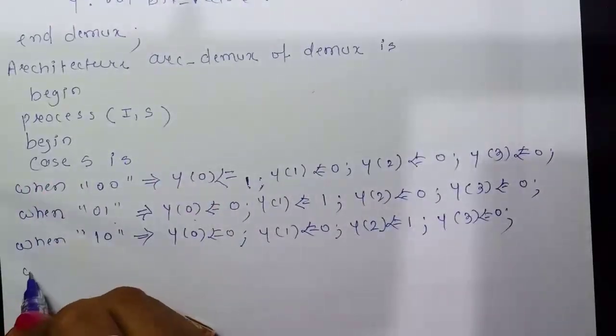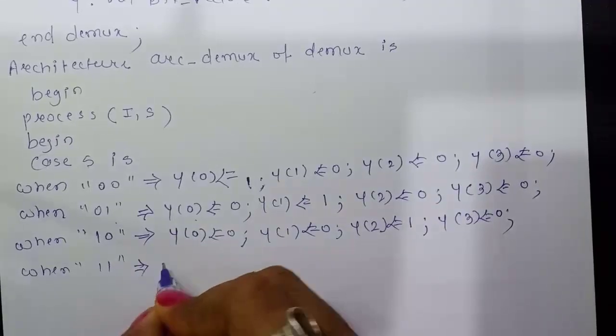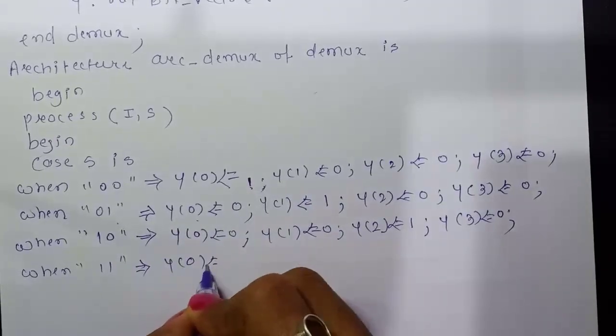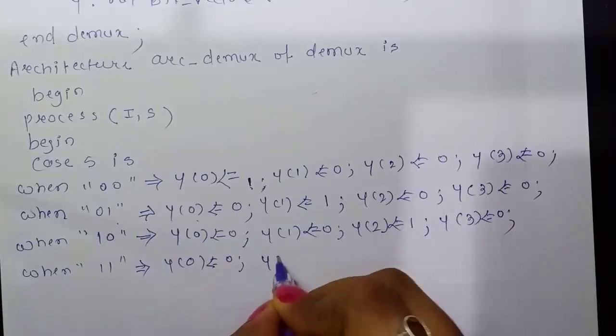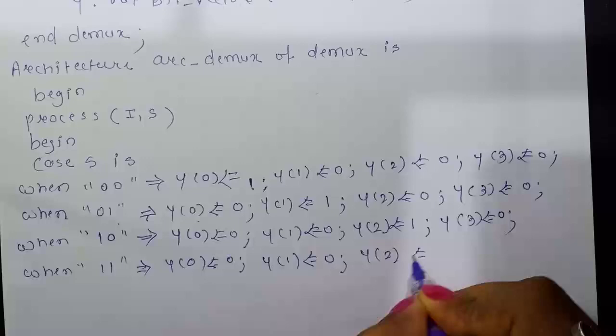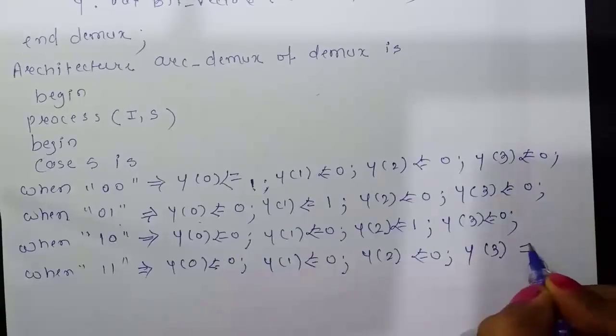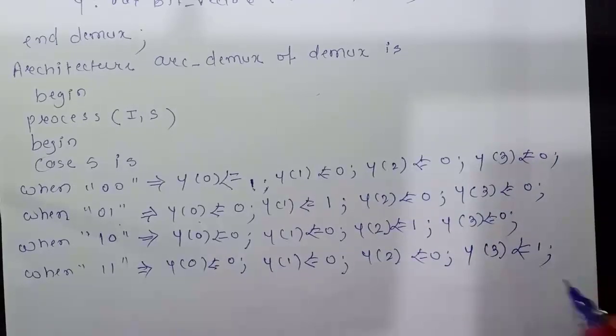Okay, so when both the selection lines are high, that is 1 1, this time Y0 is 0, Y1 is 0, Y2 is 0 and Y3 is active, that means Y3 is 1.